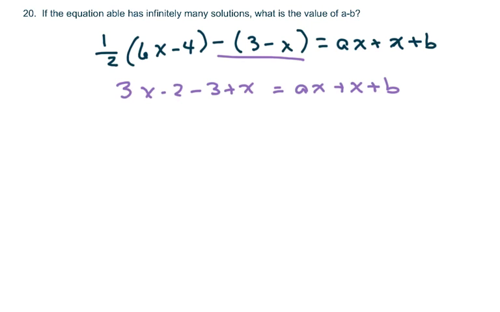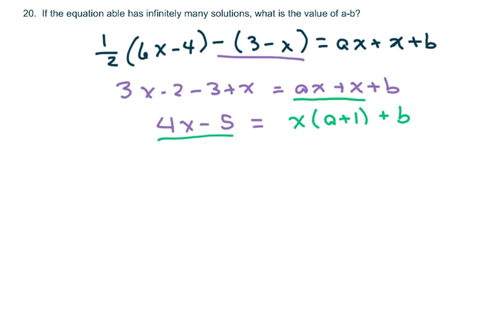Now I can clean this up a little bit more, and we get 4x minus 5. Here I want these to look the same, so basically I'm going to factor out an x. You get x times (a plus 1) plus b.